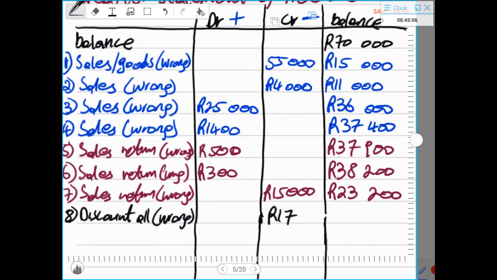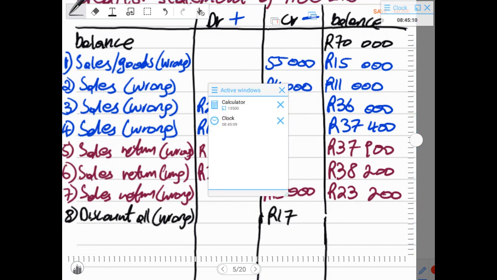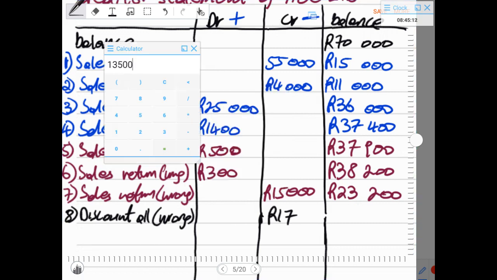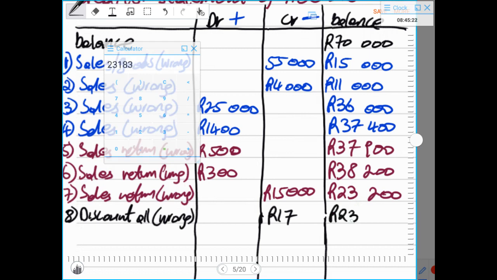So now they recorded 17 rand. Let us look at the balance, how much the balance after 17 rand was recorded. Then we have 23,200 minus 17 rand.